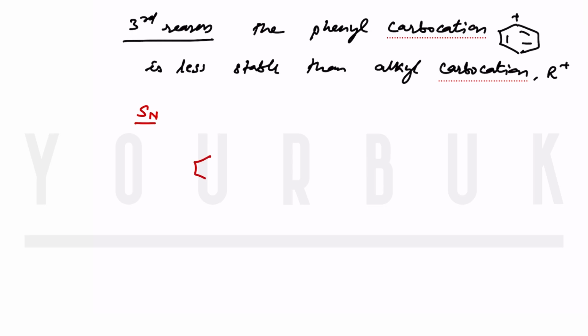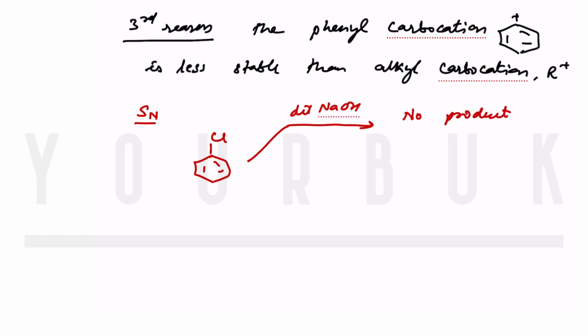So if you look at the nucleophilic substitution reactions, this is my chlorobenzene. If I react this compound with just dilute NaOH, nothing happens, no product. But still, if you want to replace the chlorine by an OH, you have to use drastic conditions.